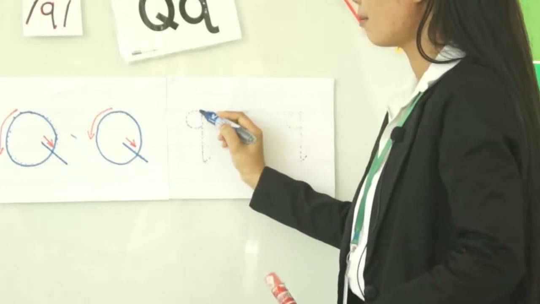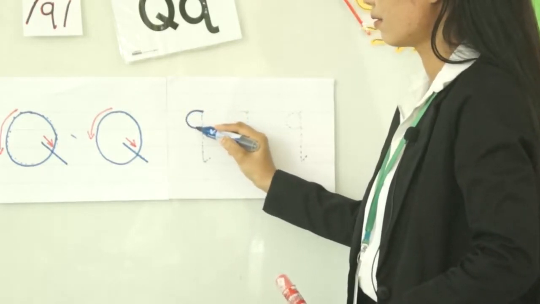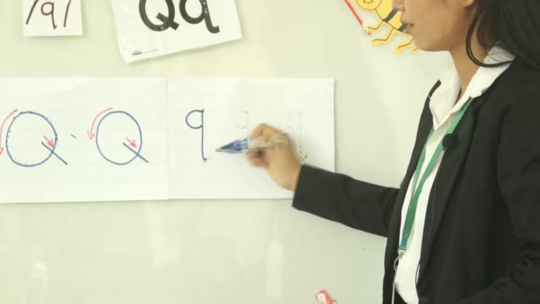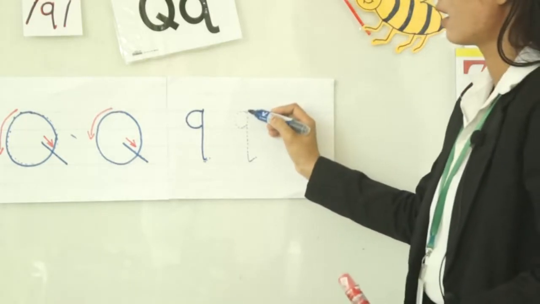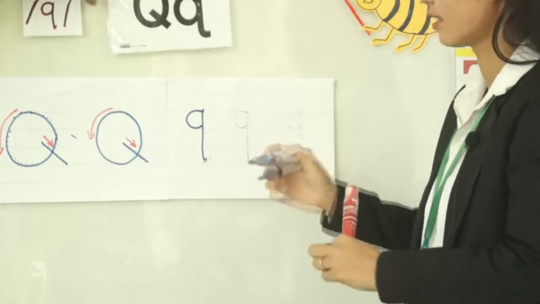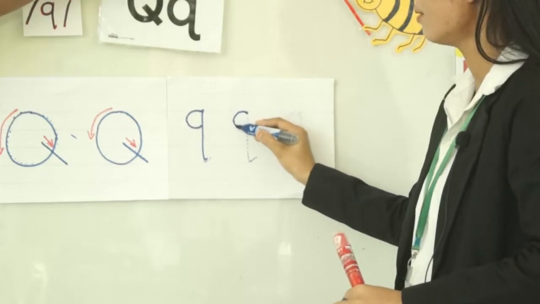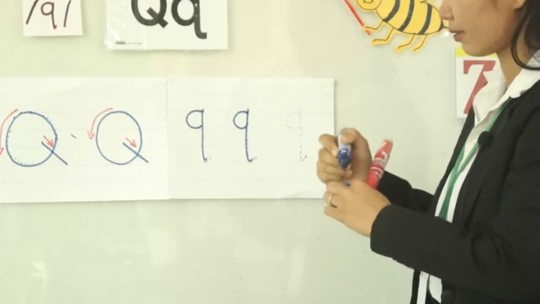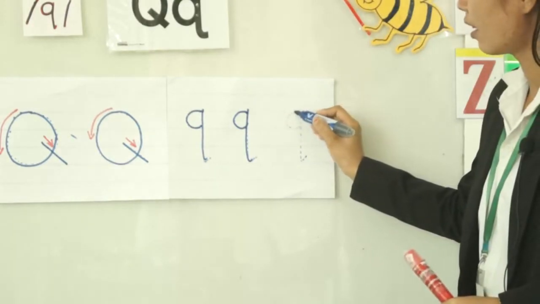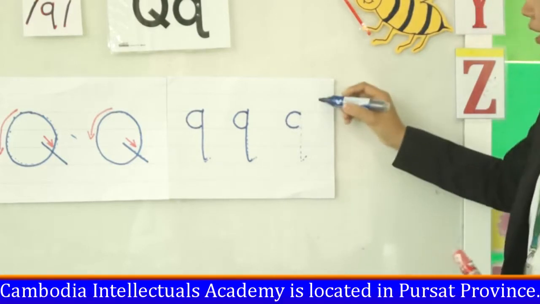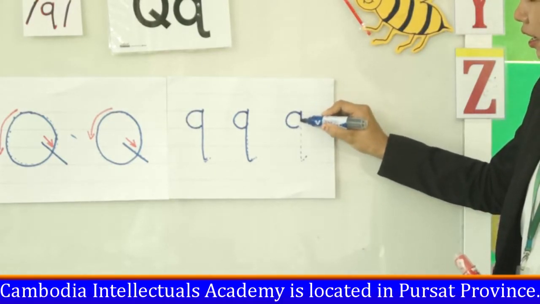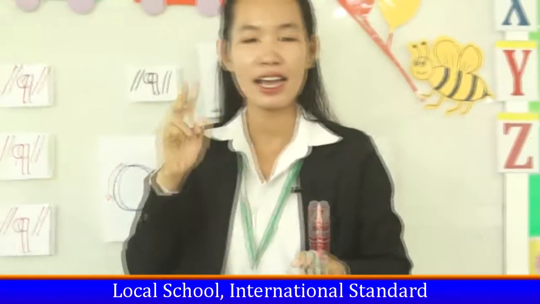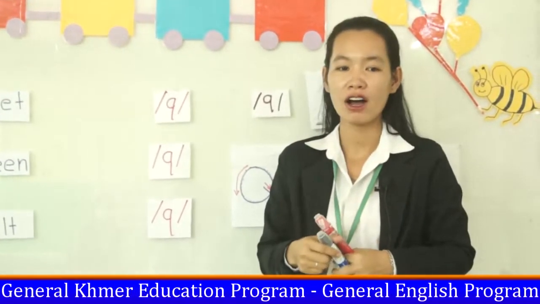Okay, start from the middle curve and then up to down. Middle curve, top to down, okay?